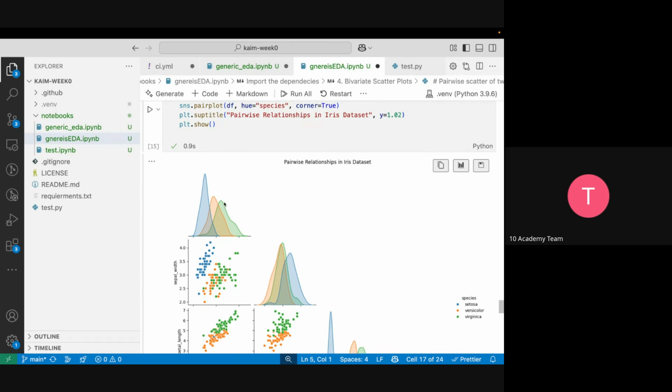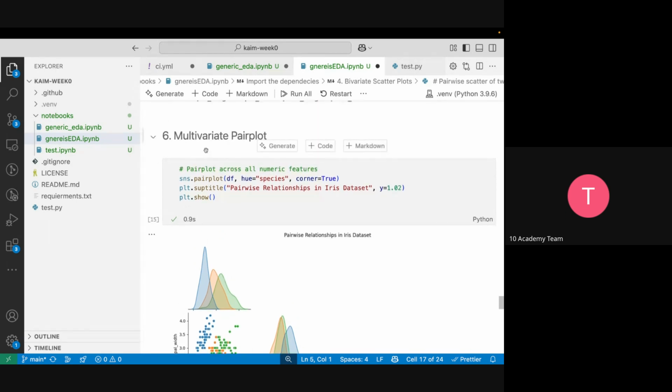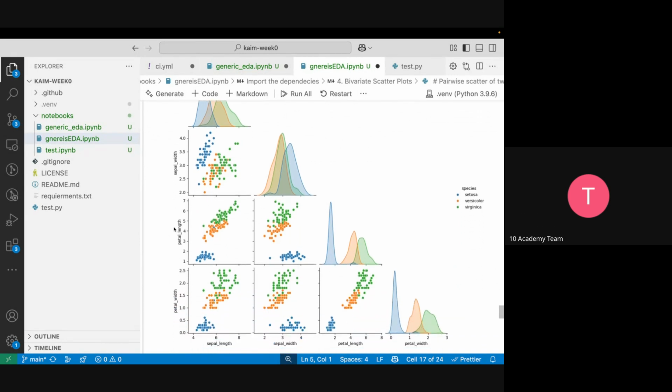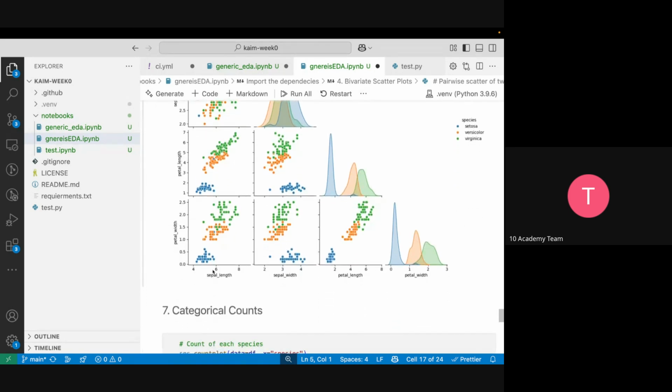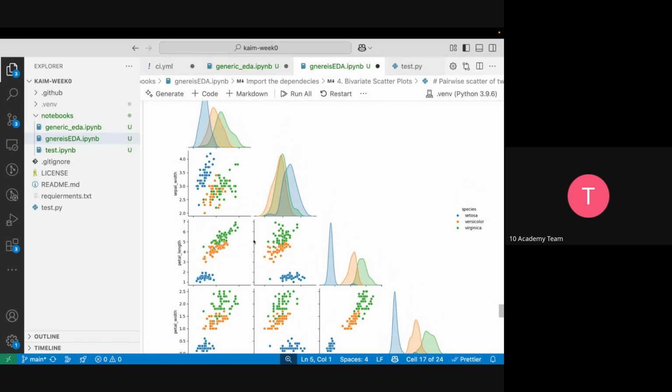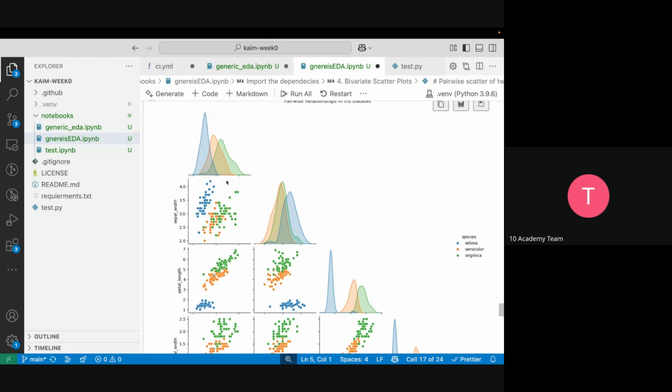And finally, when we come to the final, the multivariate pairwise plots or analysis, I have used pair plots in order to see their relationship. So here you can see the sepal widths against the sepal. Here it might be a bit confusing. So the sepal length is against the petal widths. I think I should have used some line between them to make it easy for you guys to see.